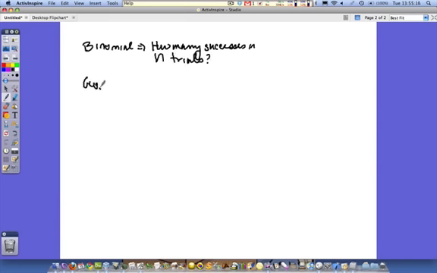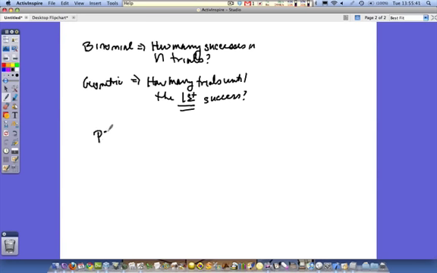The geometric asks the question, how many trials until the first, and that's important, the first success.